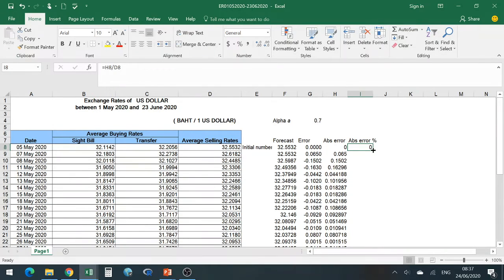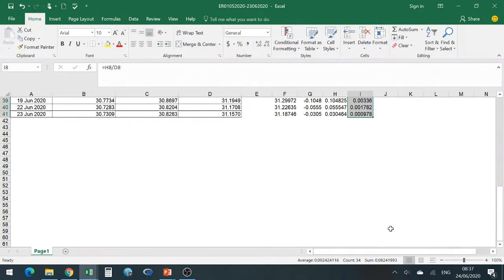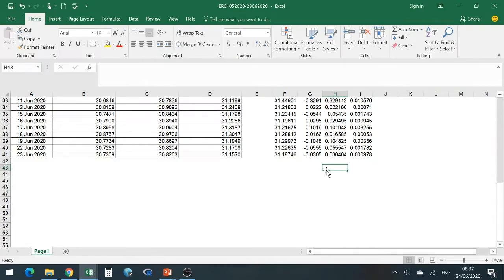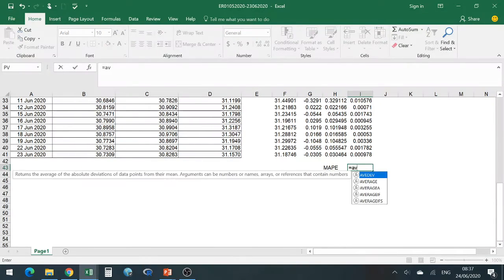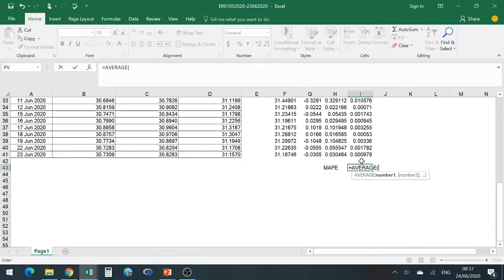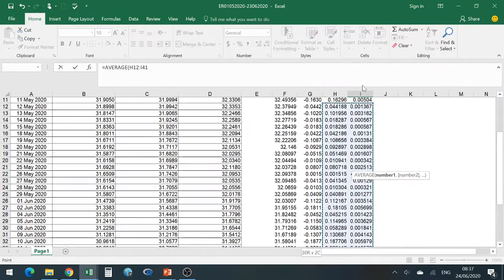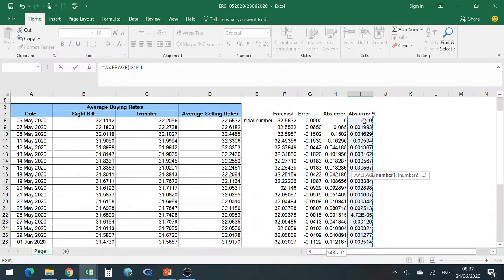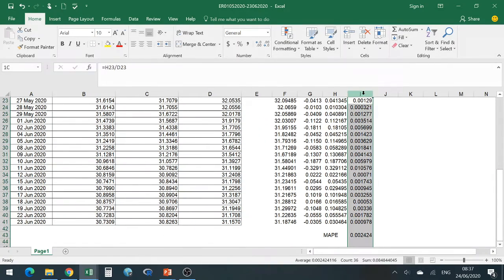Now we can calculate MAPE, which is just the average of this percentage error. These are actually percentages, so I just format them as percent.